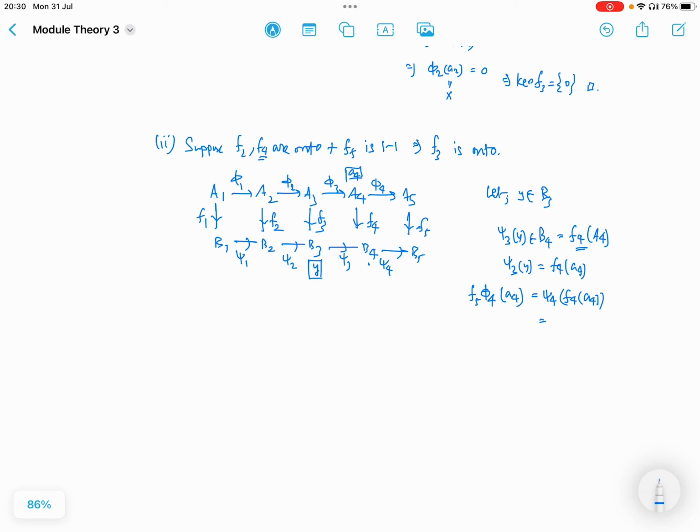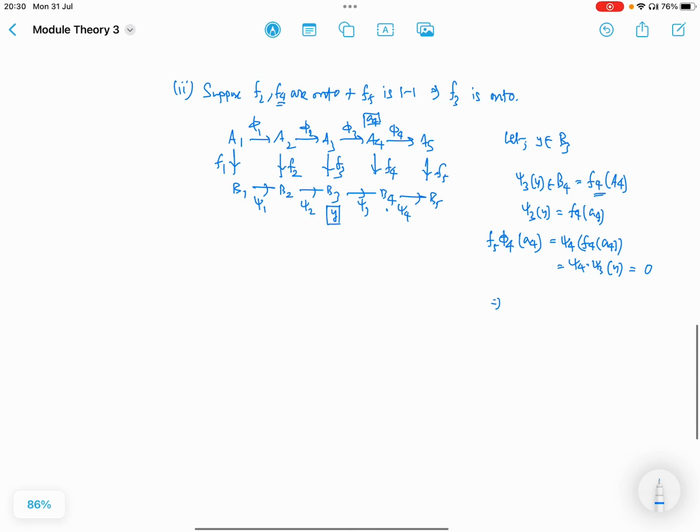But F4 of A4 is psi 3 of Y, and we know psi 4 composed with psi 3 is always 0 because the bottom row was exact. So you get F5 of phi 4 of A4 is 0. This is due to the fact that F5 is injective, and so it implies A4 belongs to the kernel of phi 4, but that is the same as the image of phi 3. Again, the usual stuff.